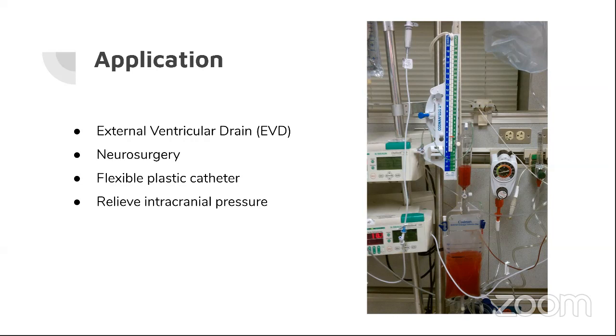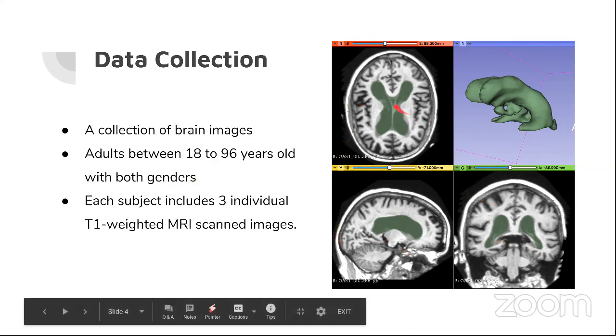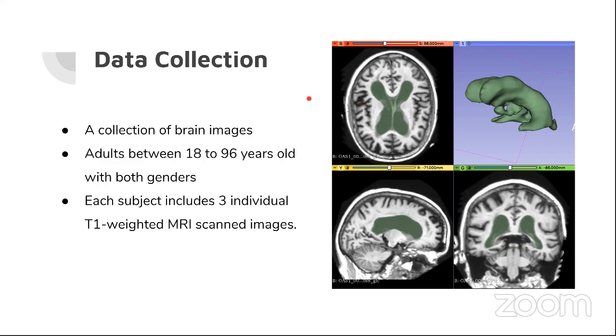Next slide, please. So the project is using a set of brain imaging data, which consists of a collection of brain images from adults between 18 to 96 years old, with both genders from the OASIS database. The project expects to have 3D whole MRI brain images as input values and 3D ventricle images as output values.